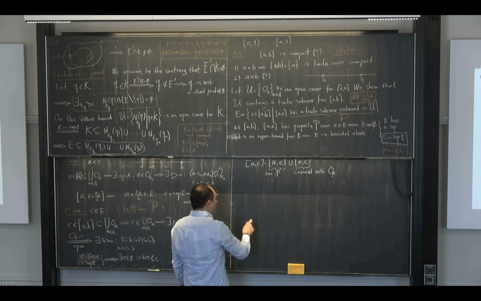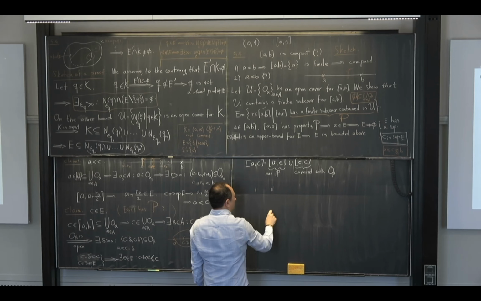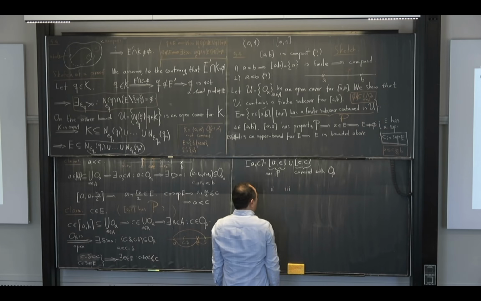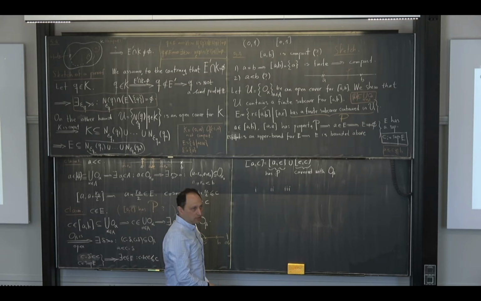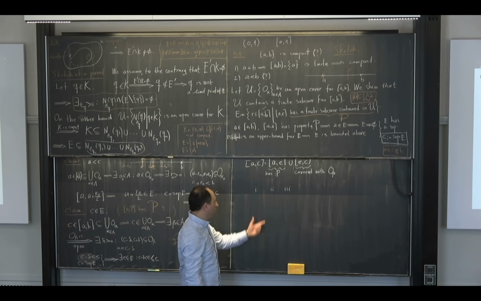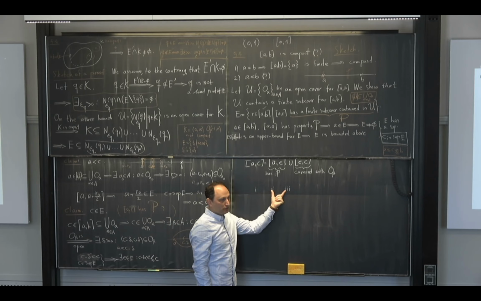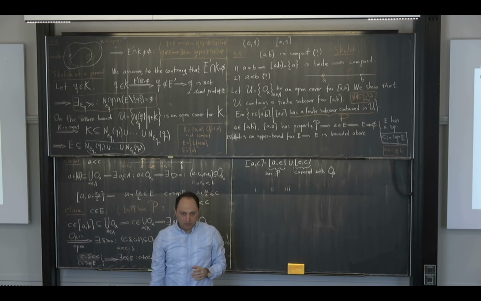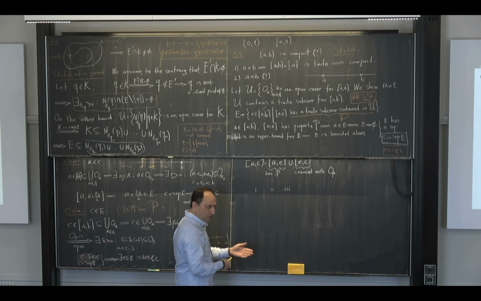I will not be able to prove all of it, but I want you to understand. The first thing is that there are three statements here, and you want to show that all these statements are equivalent. This is also good to know. How do you prove that three statements are equivalent? In principle, you should prove that these two are equivalent, one theorem. These two are equivalent, one theorem. And the first one and the last one equivalent, three theorems. You can do that. There is nothing wrong with that. But there is a more efficient way to do it.